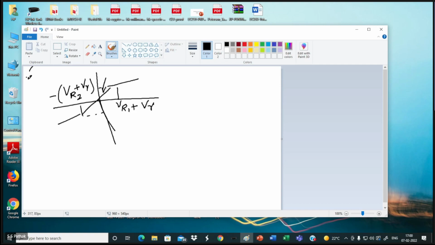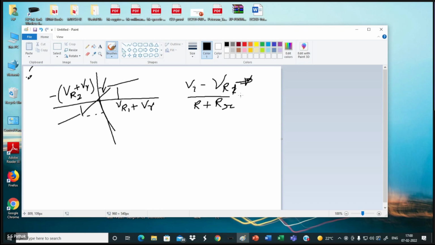So what happens here? The diode is reverse biased. So here VI minus VR2, VR1. The cut-in voltage is not coming at all. There is no cut-in voltage coming. VI minus VR1 divided by R plus RR, into RR.